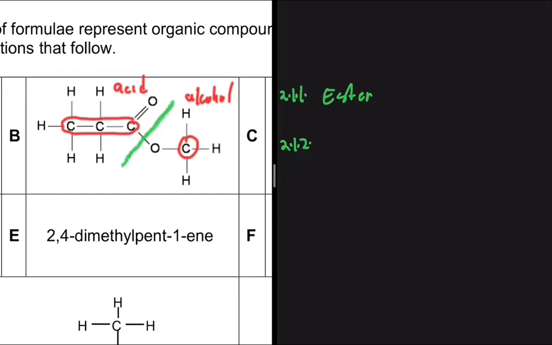So when we name this ester, the name is going to be methyl propanoate. This methyl here is coming from the fact that the alcohol that was used is methanol. If the alcohol that was used was butanol, then the name would start by saying butyl. And the propanoate is coming from the acid that was used, propanoic acid.